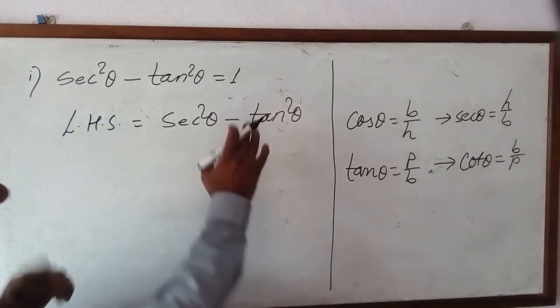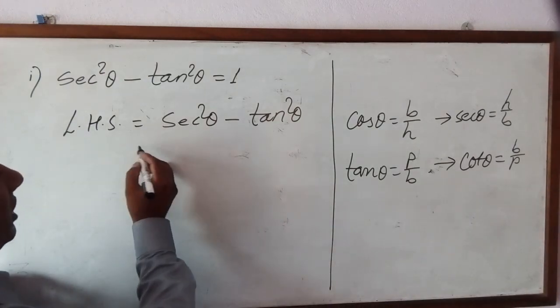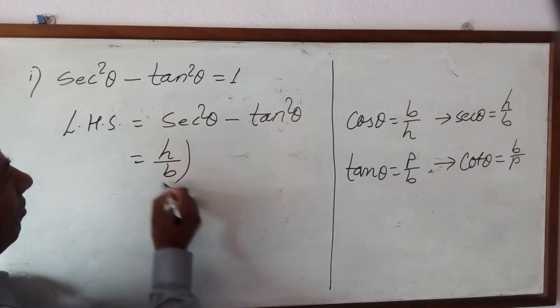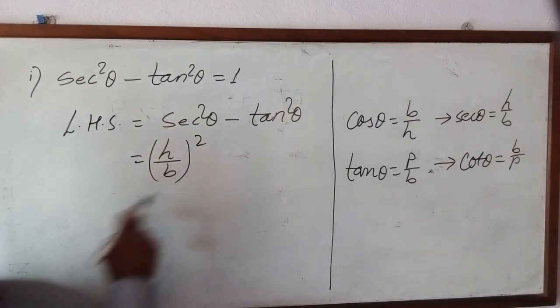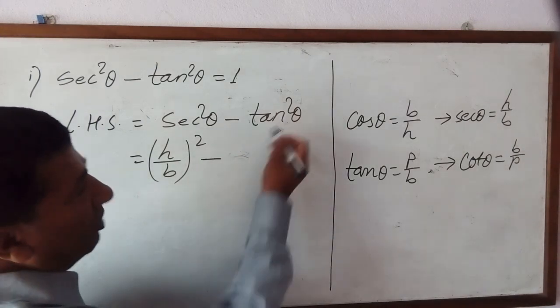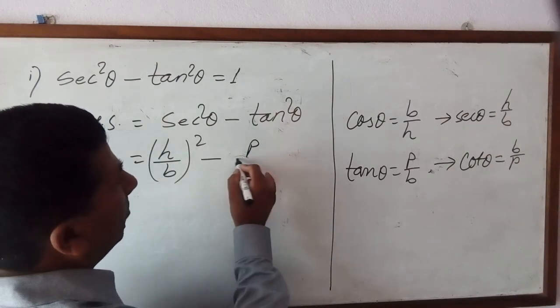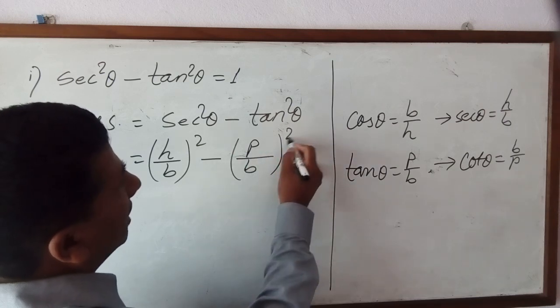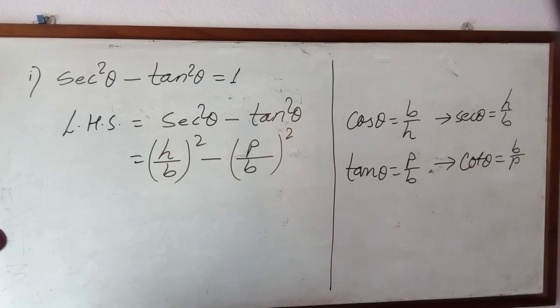Now I write their trigonometric ratios here. Sec theta means h by b, whole square, hypotenuse by base, and tan theta is perpendicular by base, p by b, whole square. Now we need to simplify it.